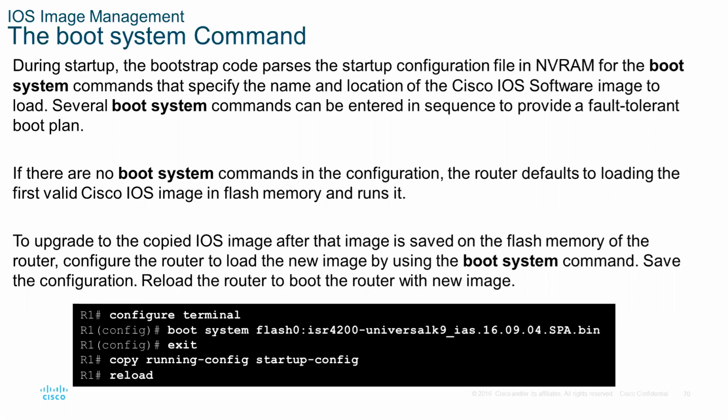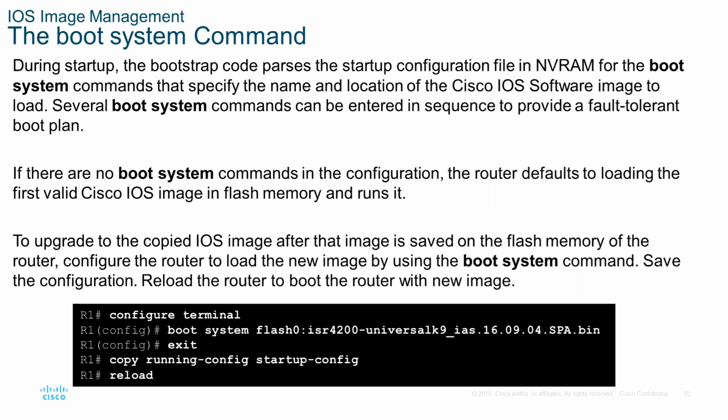So we can specify boot system flash 0, and then the specific file that we wish it to use. Because if there's more than one file in the flash drive, it will select which one it's going to load. It may not be the one you want.